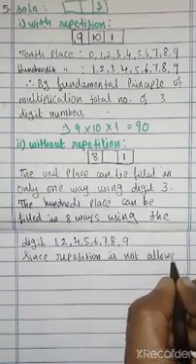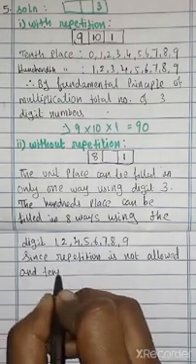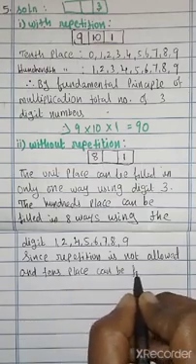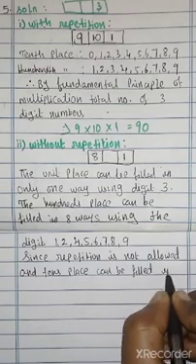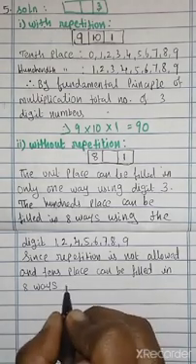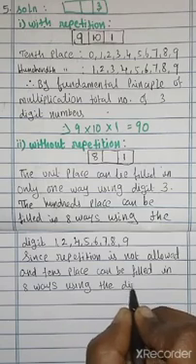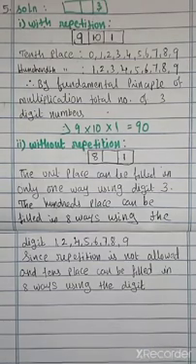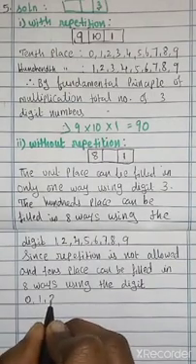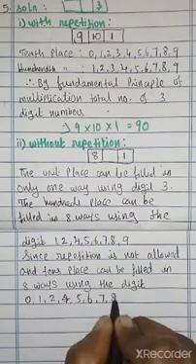So since repetition is not allowed, the tens place can be filled in 8 ways, using the digits 0, 1, 2, 4, 5, 6, 7, 8, 9.